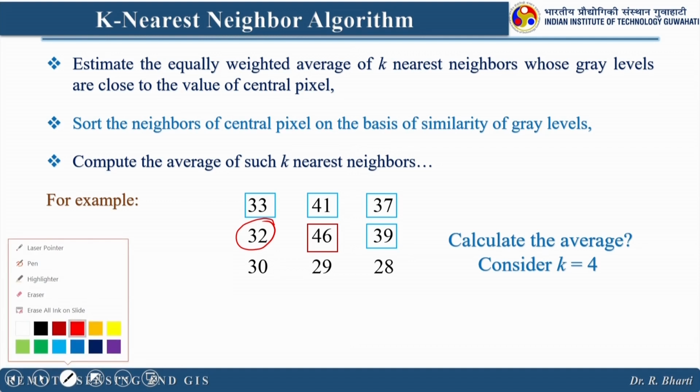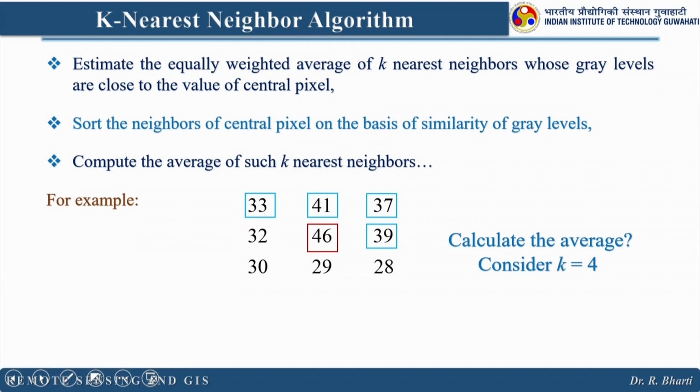So in this case, when we have K equal to 4, these are the pixels whose gray levels or DN values or brightness values are closest to this central pixel, right. So the answer will be 39.20, approximately 39.